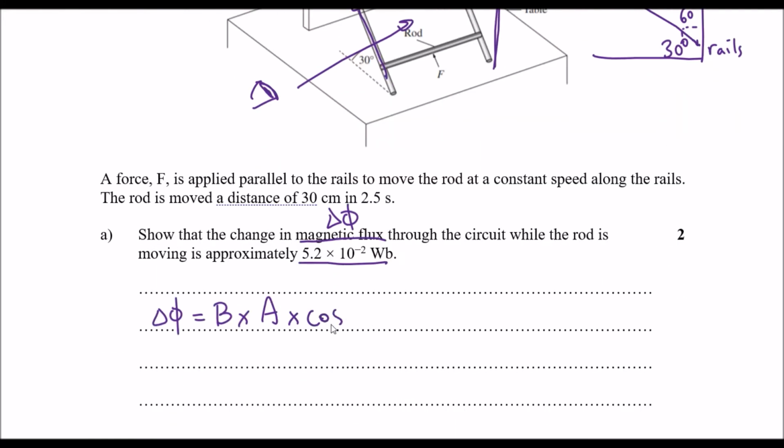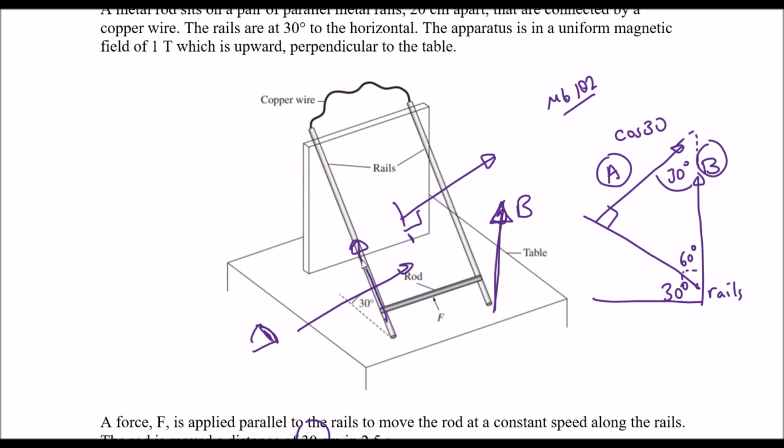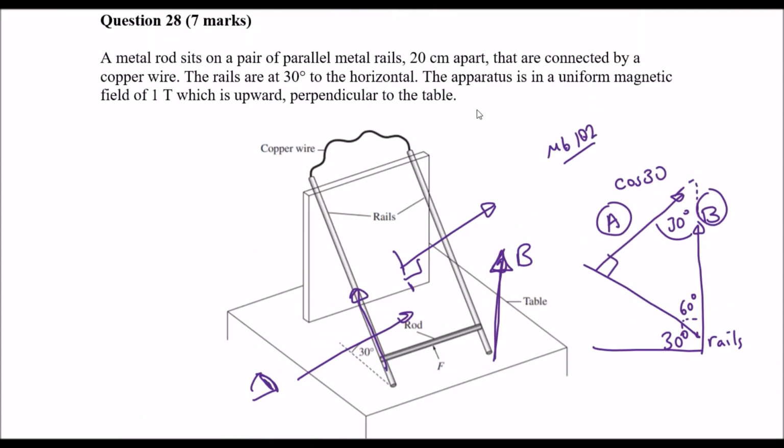cos theta, because we're not dealing with a flat plane, our magnetic field strength is 1 Tesla. The area, if we have a look, is 30 centimeters in distance. So 30 centimeters going along this way. And in the question, it says they're separated at 20 centimeters here and 30 centimeters here.